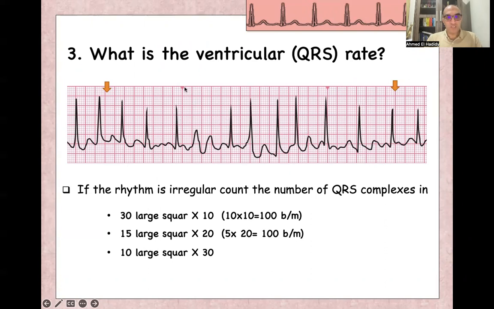Or count in 15 large squares, 1, 2, 3, 4, 5, and multiply by 20, which gives the same number, or count in 10 large squares and multiply by 30. But the most accurate here is to count in 30 large squares and multiply by 10.